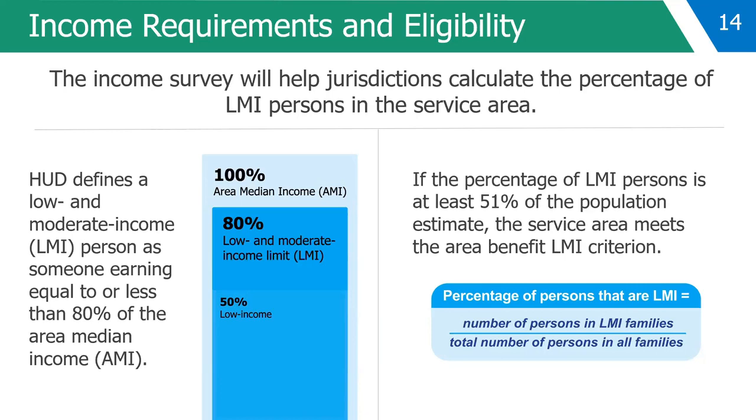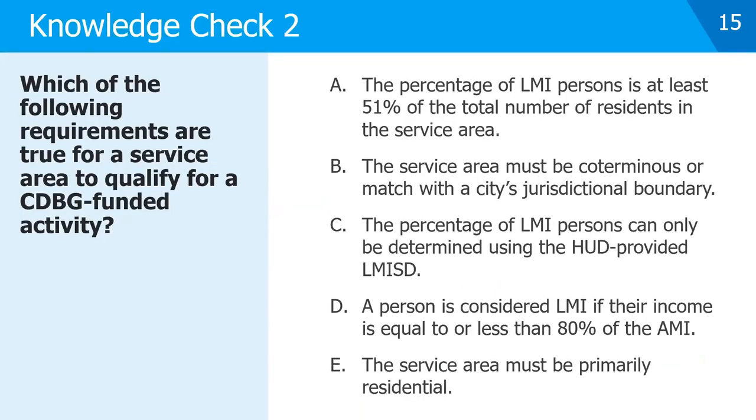So here we have the second knowledge check. These are a little wordy, so I'll read it out to you. Which of the following requirements are true for a service area to qualify for a CDBG-funded activity? You can check all that apply. A, the percentage of LMI persons is at least 51% of the total number of residents in the service area. B, the service area must be coterminous with the city's jurisdictional boundary.